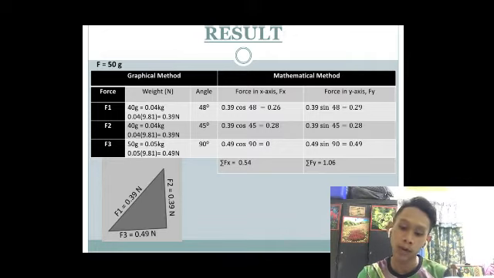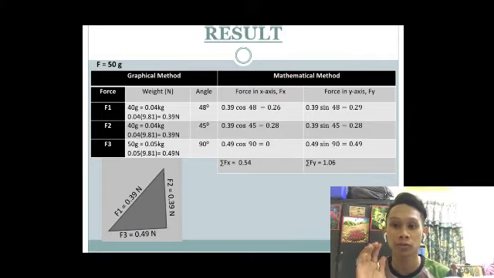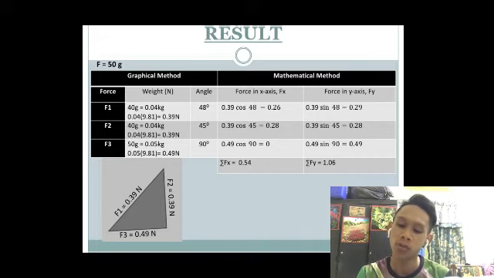Adding all the x axis results we got 0.5395 Newton, and for the y axis we got 1.0585 Newton. That result is for the 50 gram.